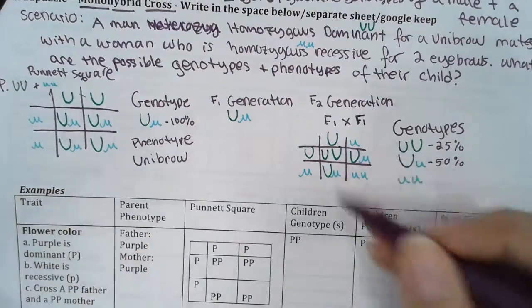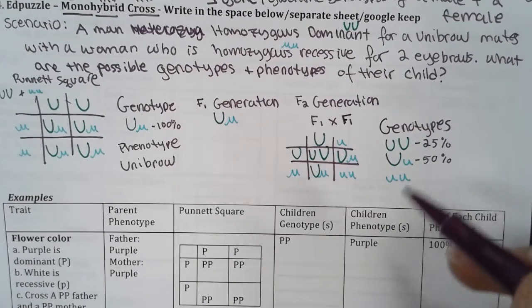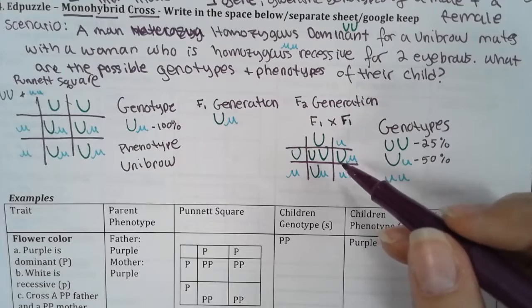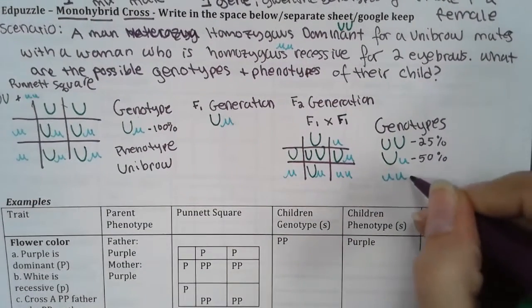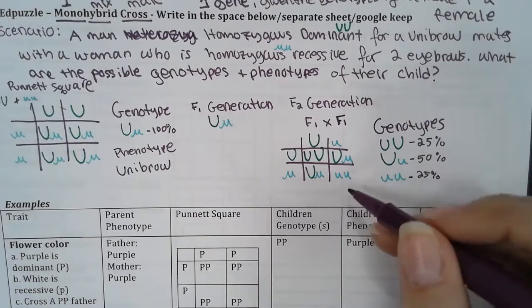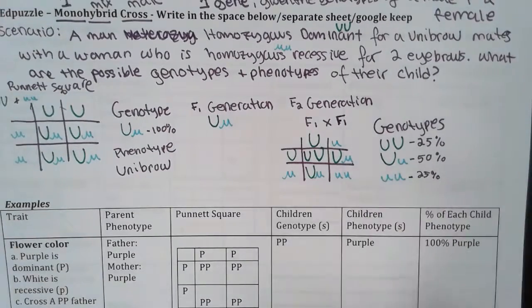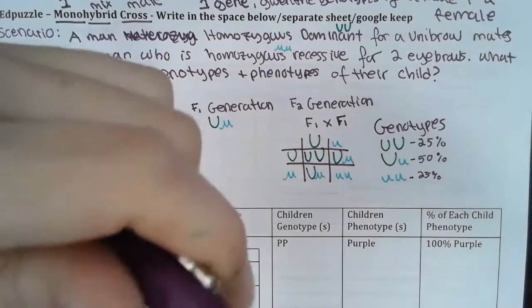This is the likelihood that this generation would end up with a unibrow or not. And then I had a 25% chance that these people's child would actually not have a unibrow, that they would have 2 eyebrows. So lucky for them.